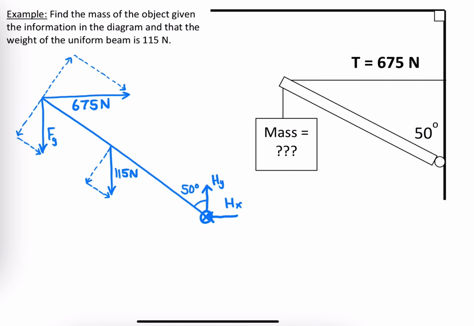So by the Z rule, I have kind of the letter Z here. Remember, the two angles in a Z need to be the same. So that means that this angle here is 50 degrees.